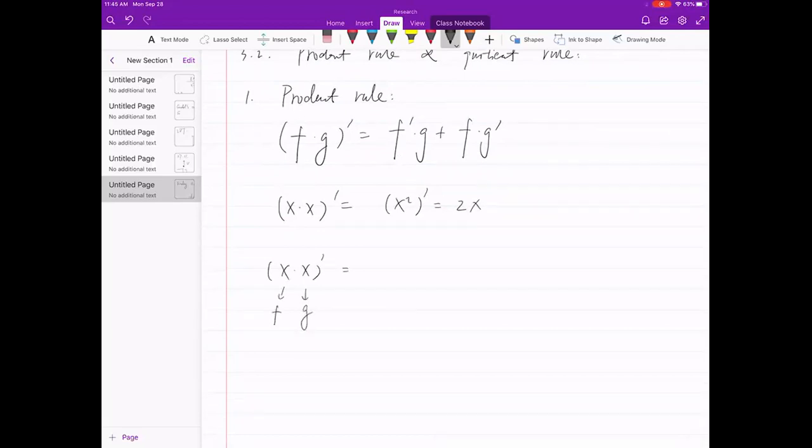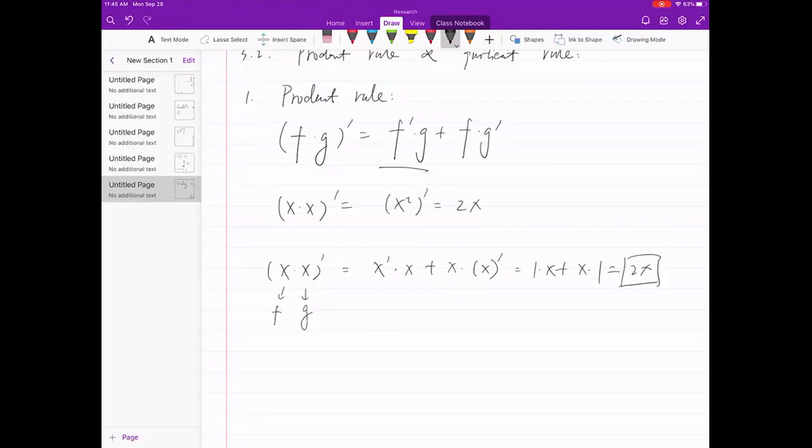So you should have f prime, keep g, plus f, keep f, and do g prime, which gives you 1 times x plus x times 1, which gives you 2x. It worked for this case. Good.